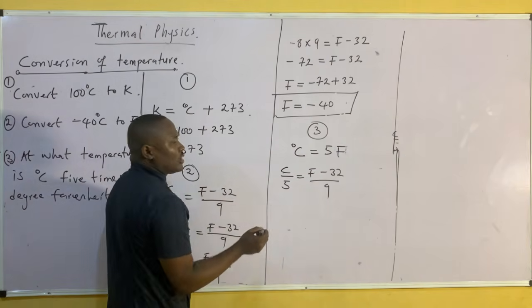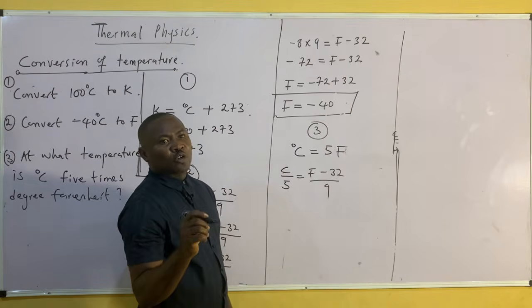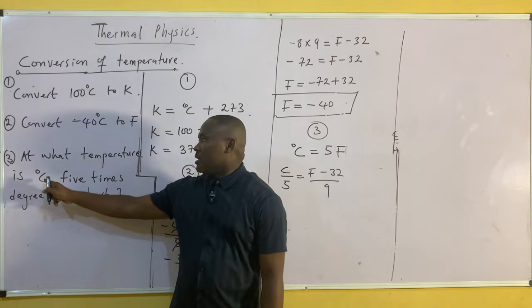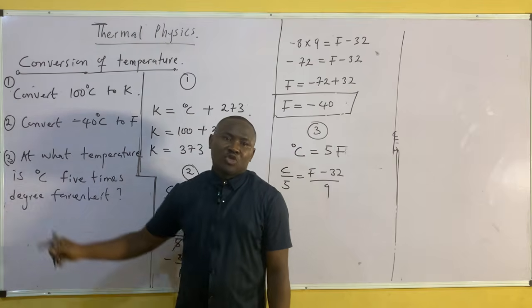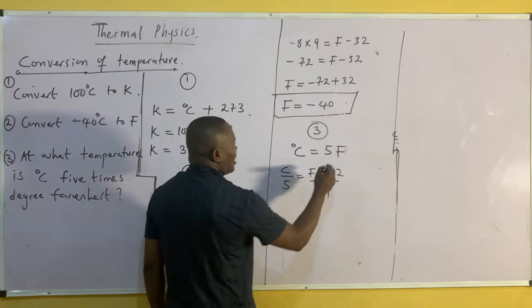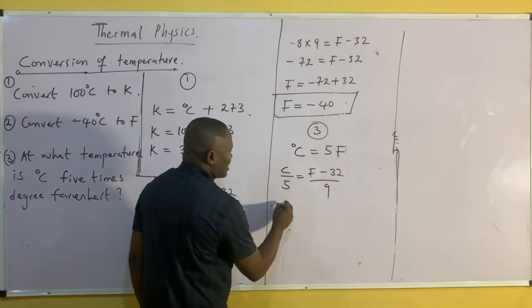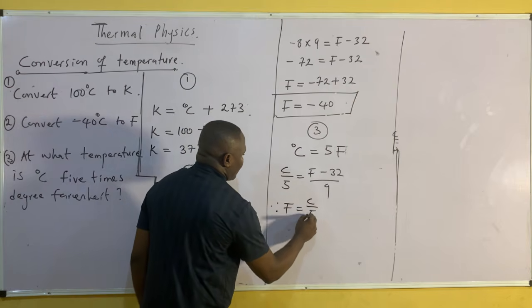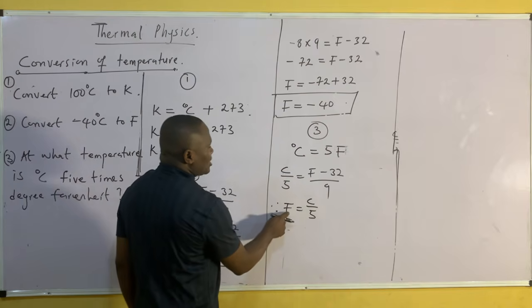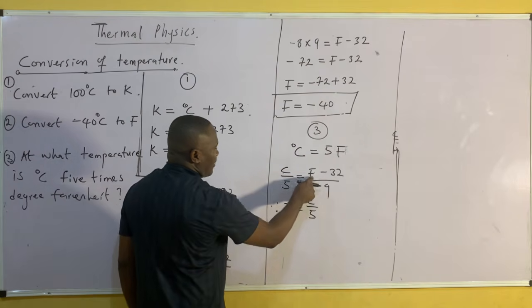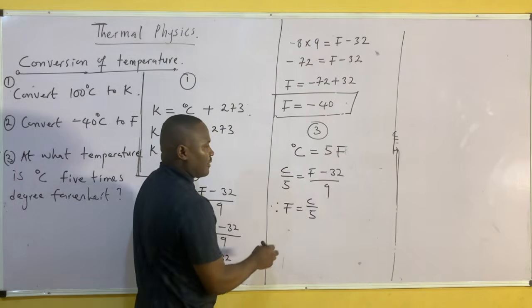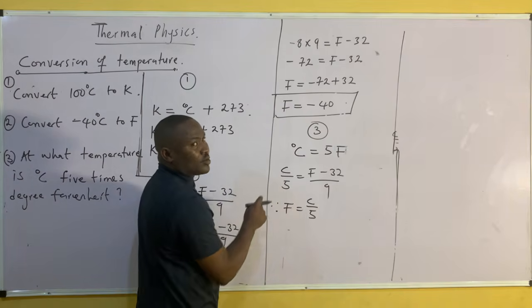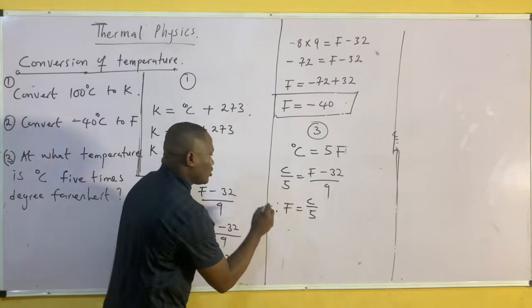That will be a wrong move, because what I'm to calculate for is actually degrees Celsius. So what is now F? F will be equal to C over 5. So I'll be putting, in place of my F, C over 5. That's the only way I can retain degrees Celsius in the calculation.